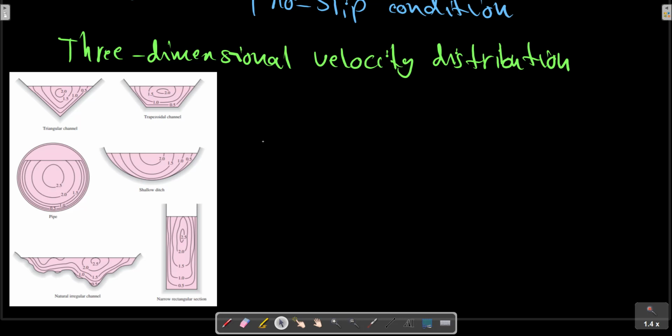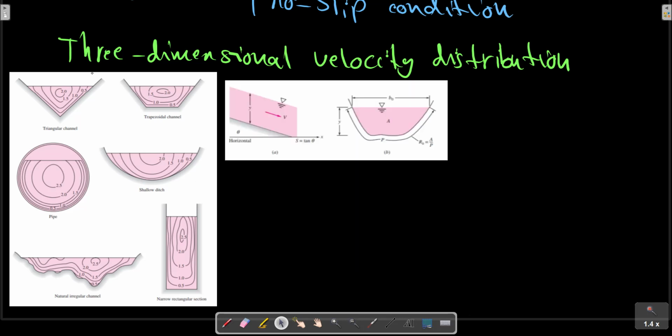With the advent of supercomputers, it is possible to make numerical simulation of complex flow patterns, such as shown in this picture for the streamlines. However, the practical engineering approach used here is to make a one-dimensional flow approximation, as shown in this picture.